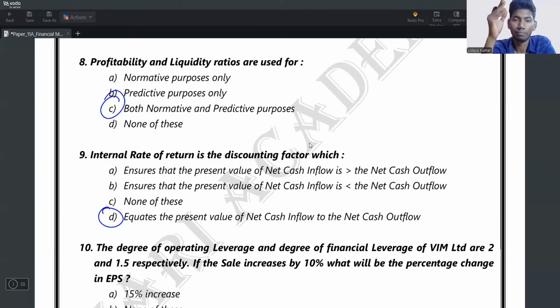Usually IRR is used in capital budgeting to evaluate the profitability of an investment or project. If the IRR is greater than the required rate of return, which is the cost of capital, the investment is considered worthwhile. So option D is correct, because IRR is the rate that equates the present value of inflows to outflows, which means the NPV of the investment is zero at this rate. Clear? So option D is the right option.